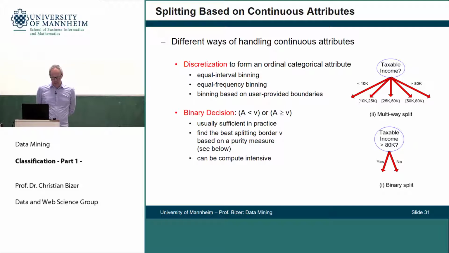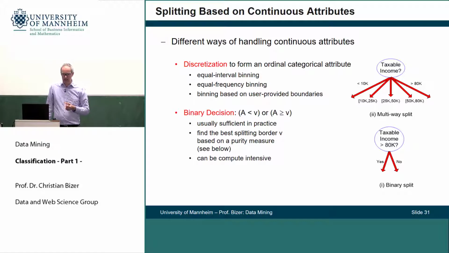For continuous attributes, we have two possibilities. Either we discretize them. This means we turn them into nominal attributes. So basically, we define buckets and say, for instance, all values between 10,000 and 25,000 fall into one bucket. All values between 25 and 50 are another bucket. Depending on which value the attribute has, we replace the actual detailed value with the name of the bucket.